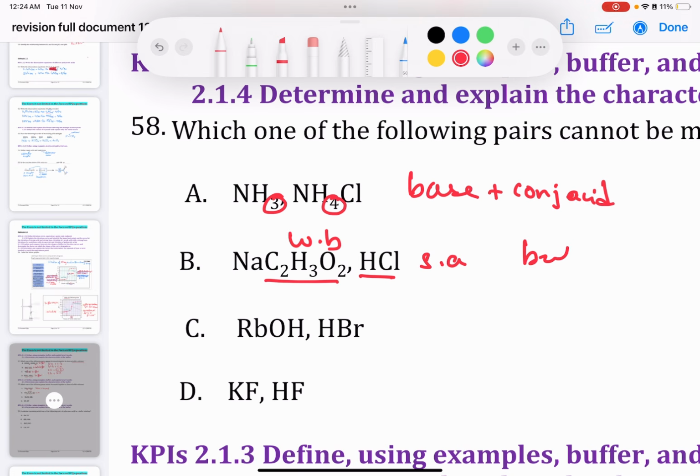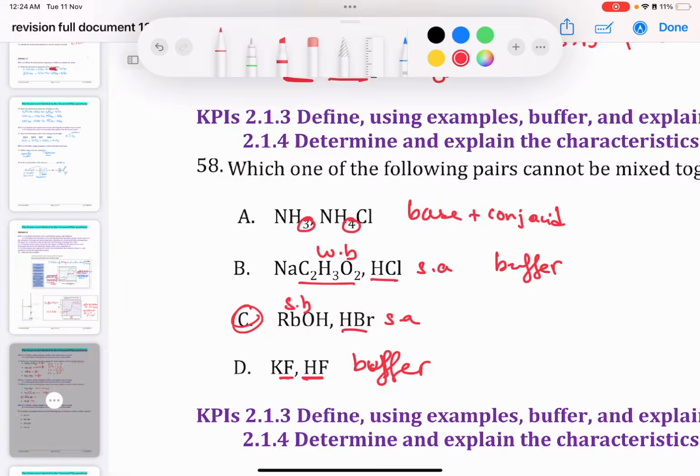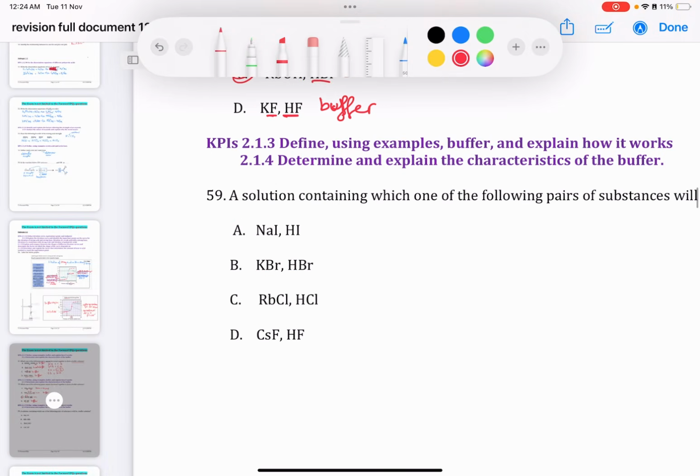So yes, that is a buffer. This is a strong acid with a strong base. No, I cannot. That's not a buffer. This is not how we form a buffer. There's an H missing. This is a buffer. So the correct answer is C.